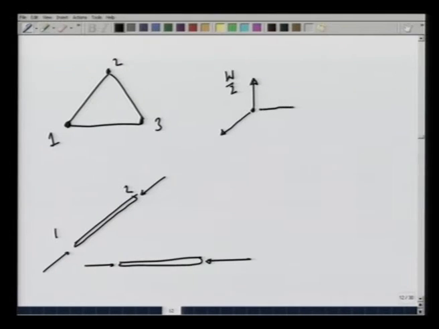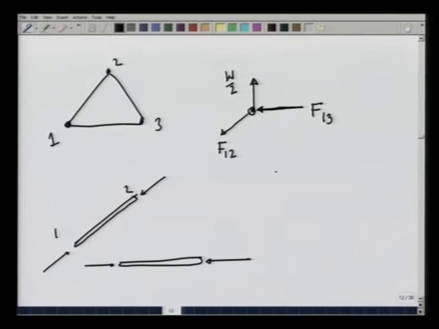The force that will be acting on the pin would be in the opposite direction. So, let me call this force F 1 3, this is force F 1 2, and this pin is in equilibrium under these forces.